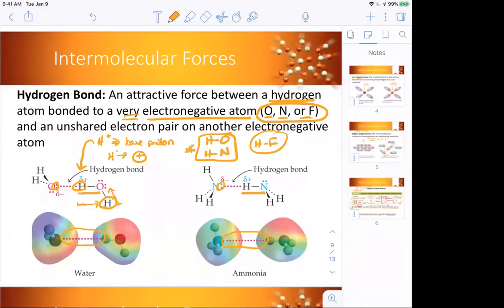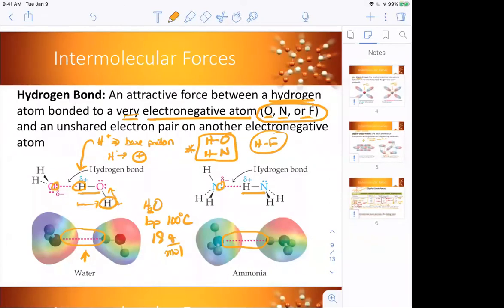If you notice, H2O has a boiling point of 100 degrees Celsius, but it's only 18 grams per mole in terms of its molar mass, or 18 AMU in terms of its atomic mass. Now, a boiling point of 100 degrees is basically a measure of the strength of that hydrogen bond.